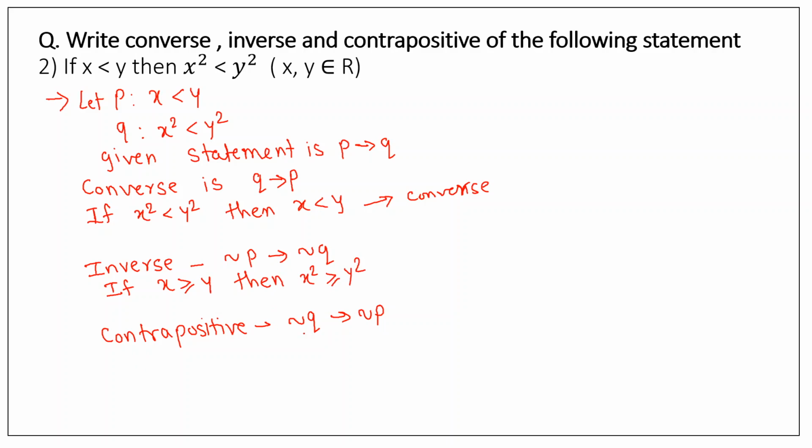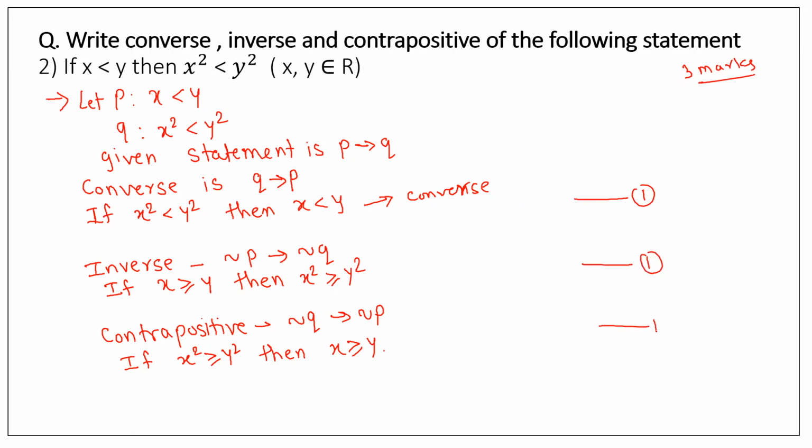Now the contrapositive, negation Q implies negation P: if X square is greater than or equal to Y square, then X is greater than or equal to Y. This is a very simple example. This can be asked for 3 marks, 1 mark for each. You have to write both in symbolic form and in words.